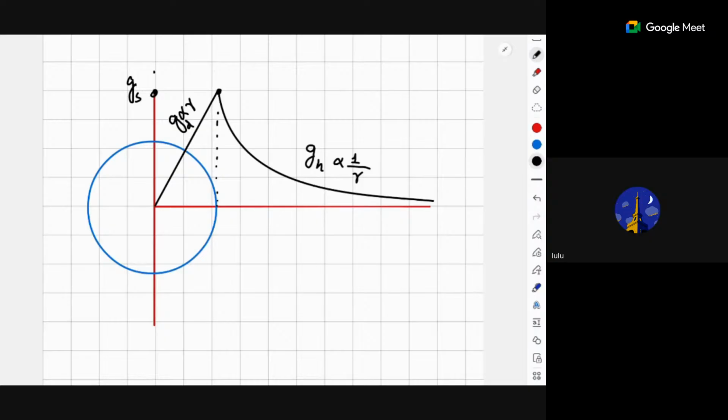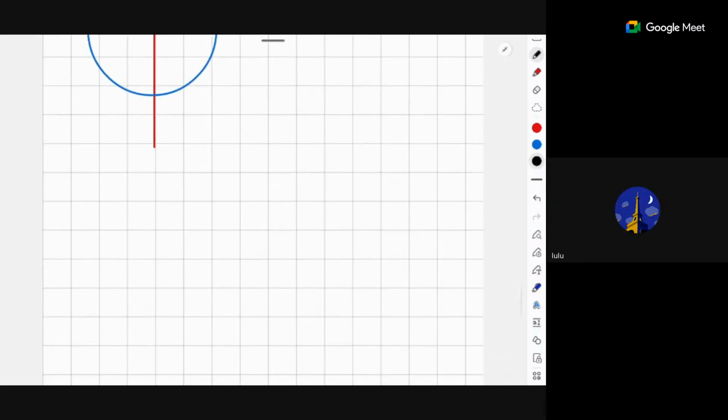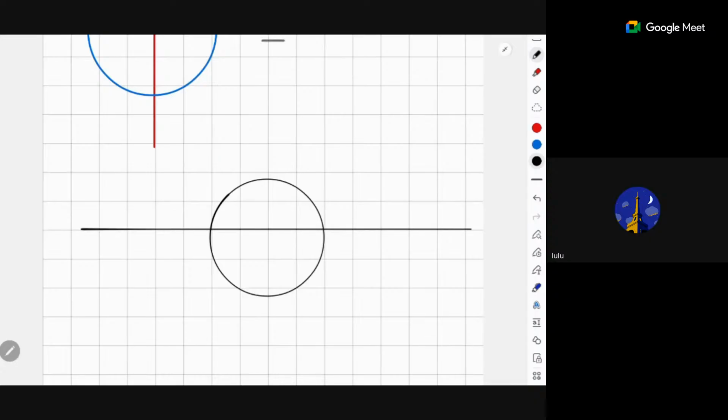Yes, sir. There is a past paper question, and in that question you are given a planet and a graph like this, and you have to draw the value of G on both sides.